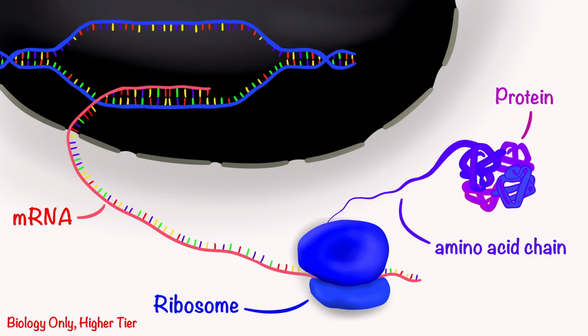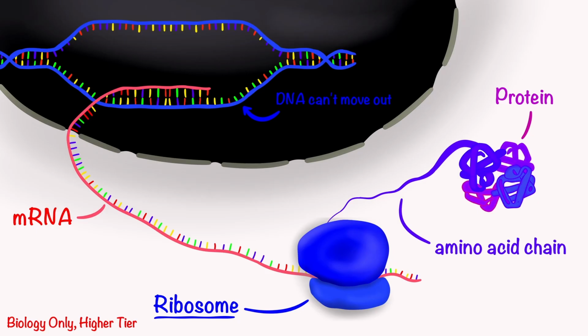Let's turn our attention to how proteins are made using the information in DNA. This process is called protein synthesis. Proteins are made in the cell cytoplasm on tiny structures called ribosomes. To make proteins, ribosomes use the code in the DNA. But there's a problem. DNA is found in the cell nucleus and can't move out of it because it's really big.